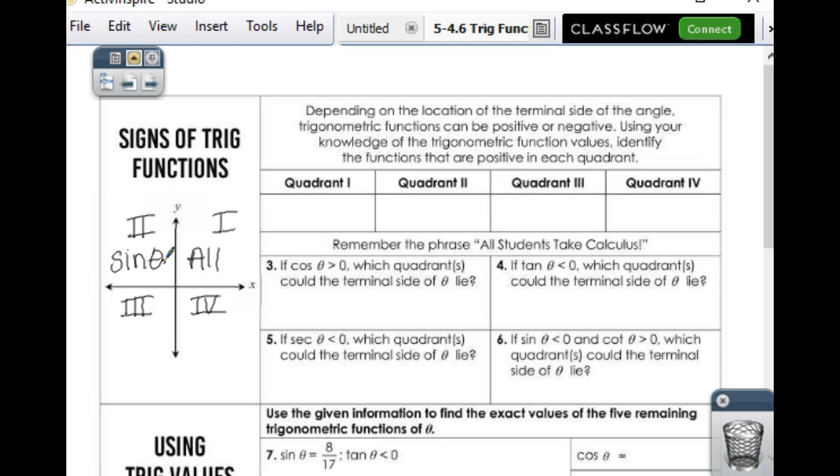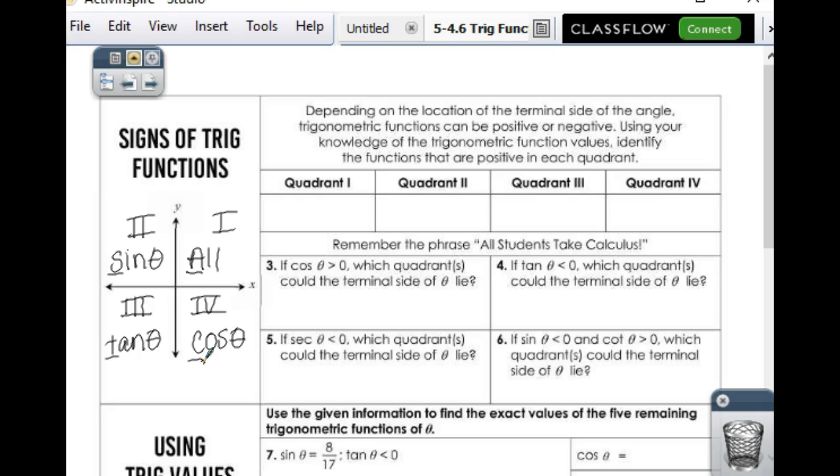So if the x and the y are both negative, correct. And what's positive in the fourth quadrant? ASTC, all students take calculus, okay?